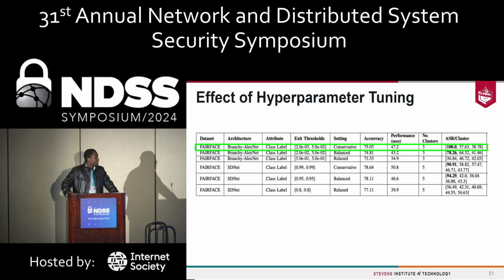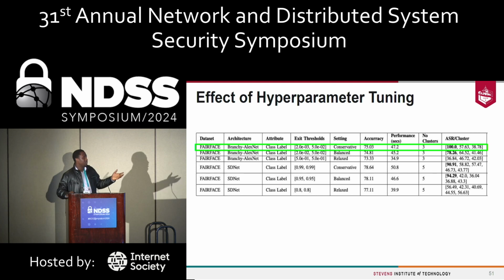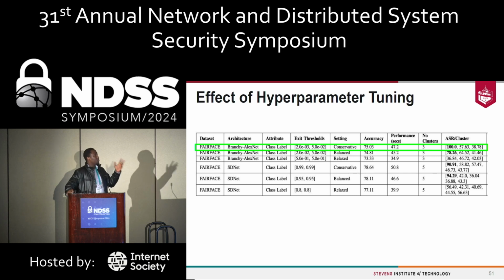Other things that we considered in our work was to understand the effect of hyperparameter tuning on our attacks. And the major hyperparameter tuning for early exit networks is their exit thresholds, which controls how confident the model is in classifying an input at certain exits in the model. So we considered 3 different settings: the conservative setting, the balanced setting, and the relaxed setting.